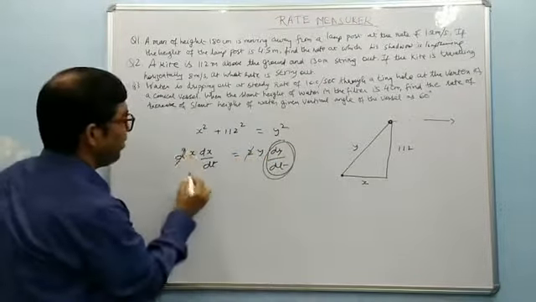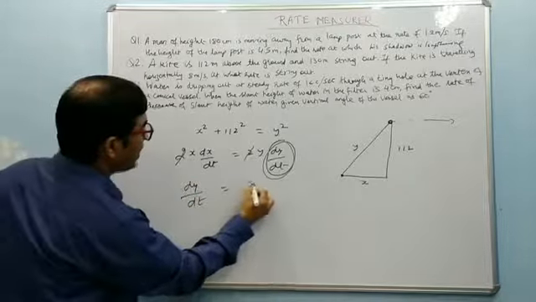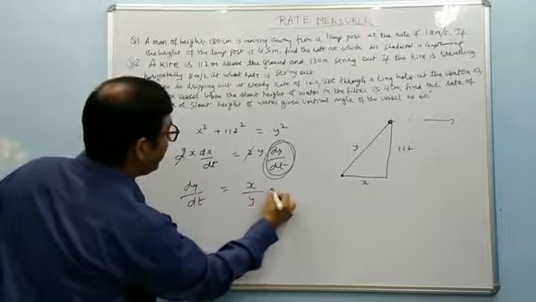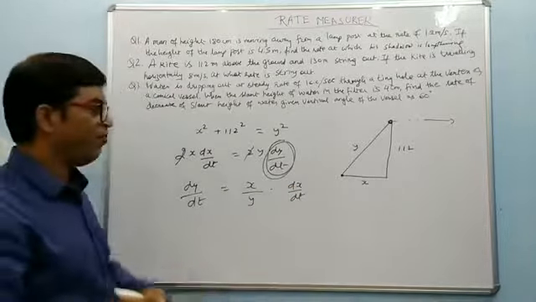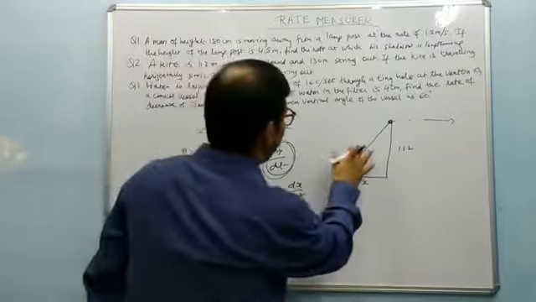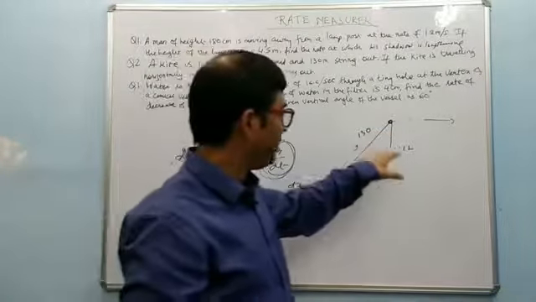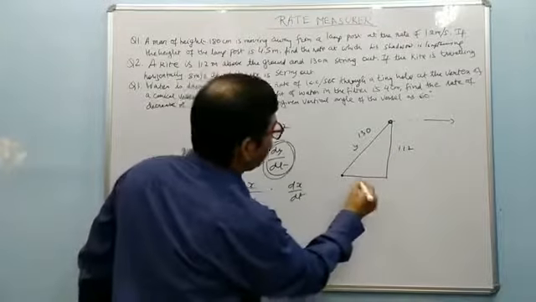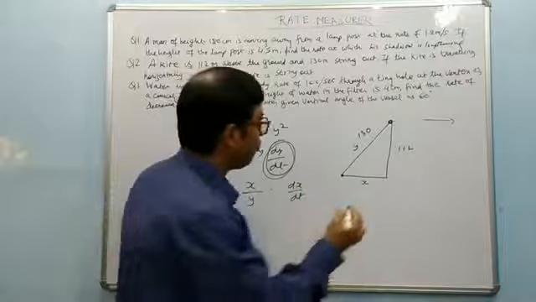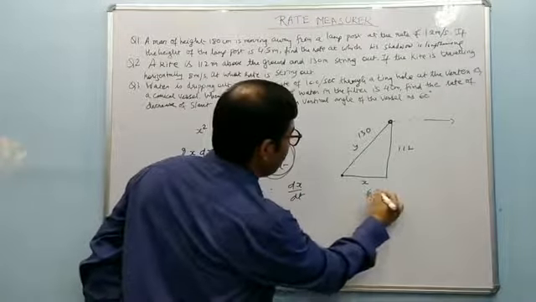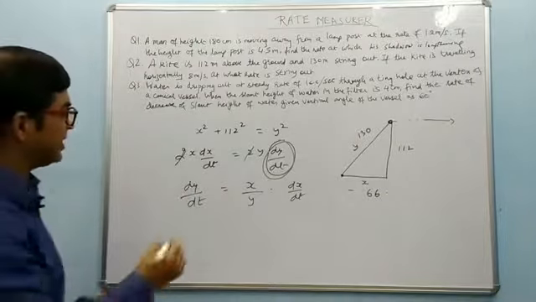So it is coming out to be dy by dt is equal to x by y into dx by dt. Now see what is x and y. At a particular moment, when it is 130 and this is 112, by Pythagoras theorem, you just write x square is equal to 130 square minus 112 square, that will come out to be 66. So at that particular moment, x is 66.